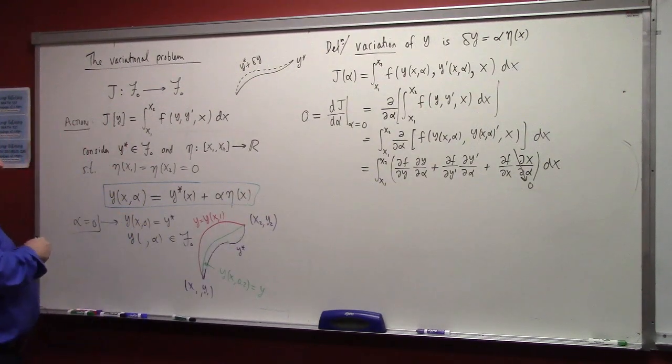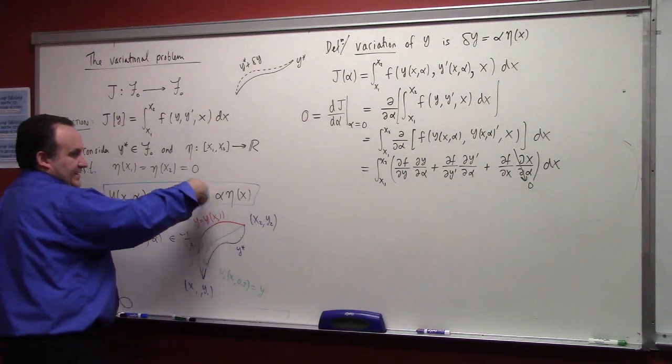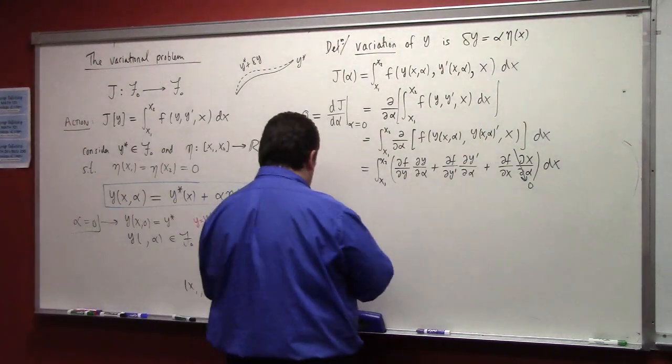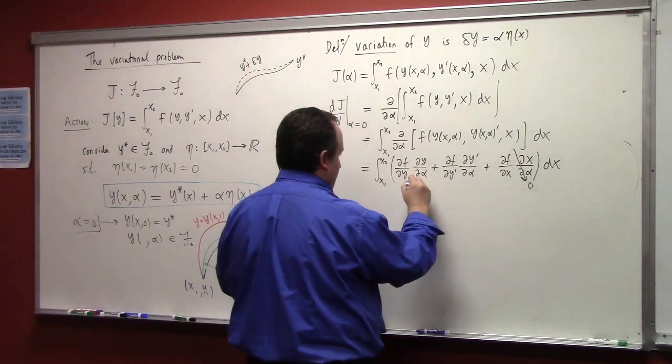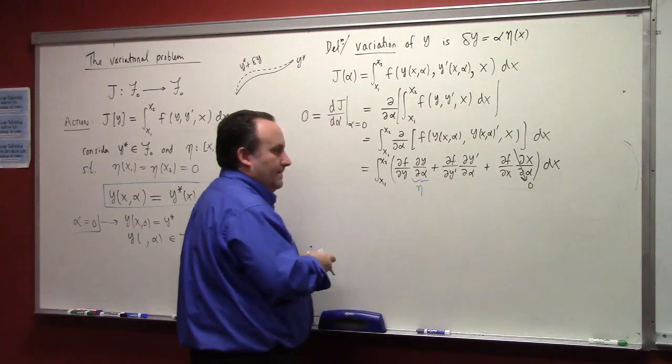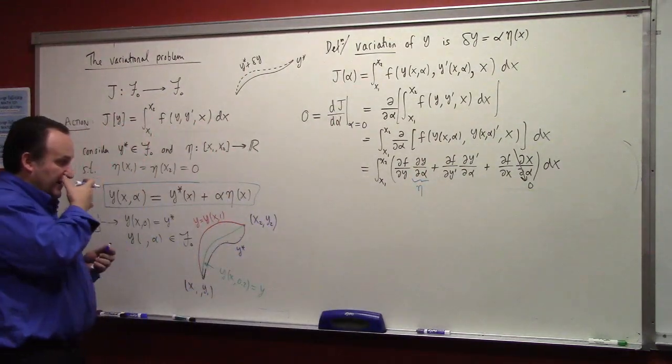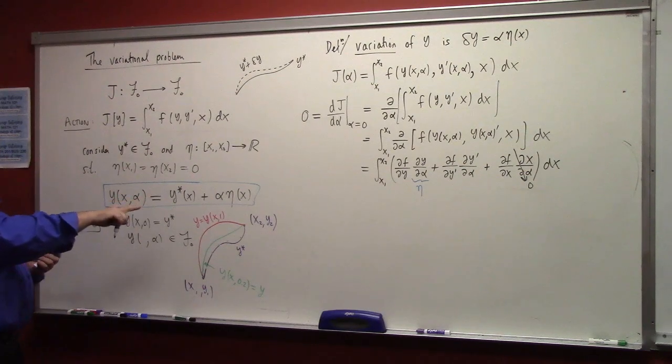So what's partial y partial alpha? Eta. So this is literally eta. What's partial y prime partial alpha? Well, if we differentiate this with respect to x, what do we get?